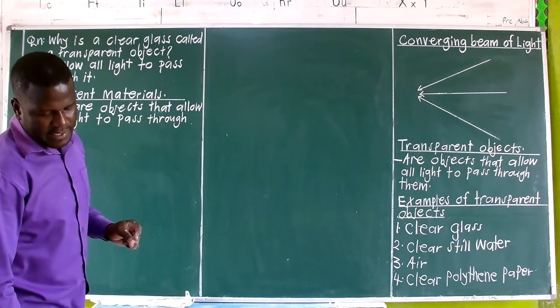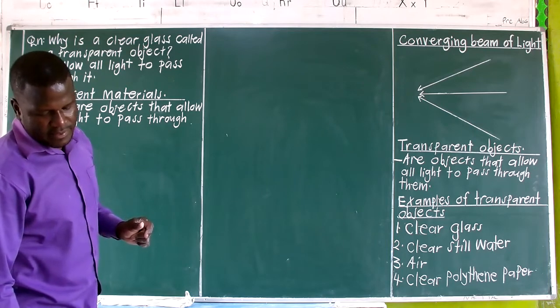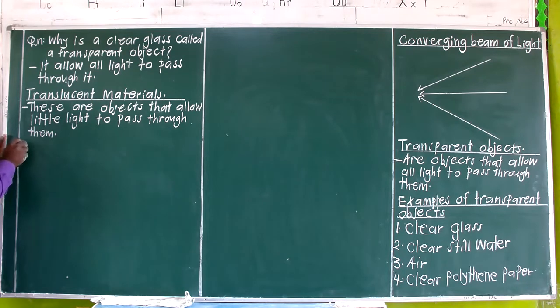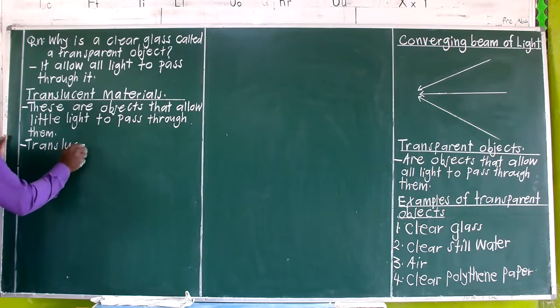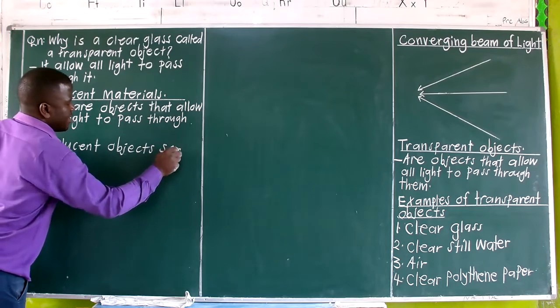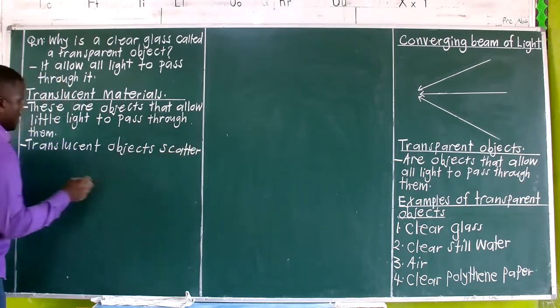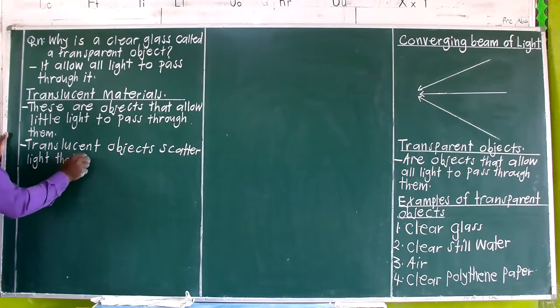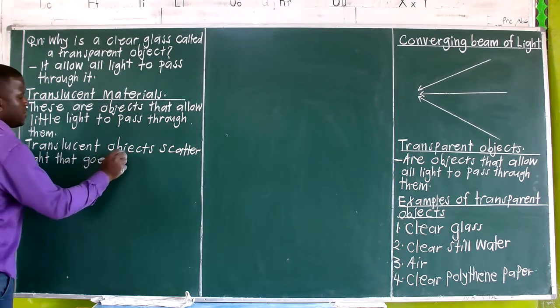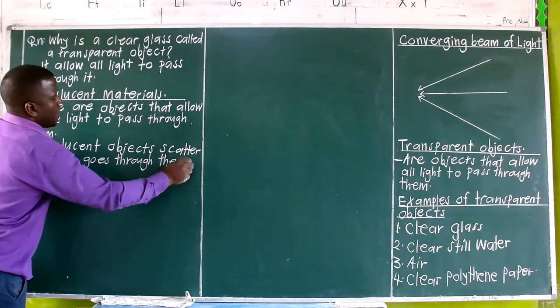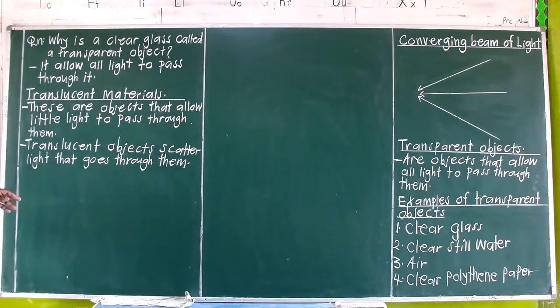And they scatter light that passes through them. Translucent objects scatter light that goes through them.